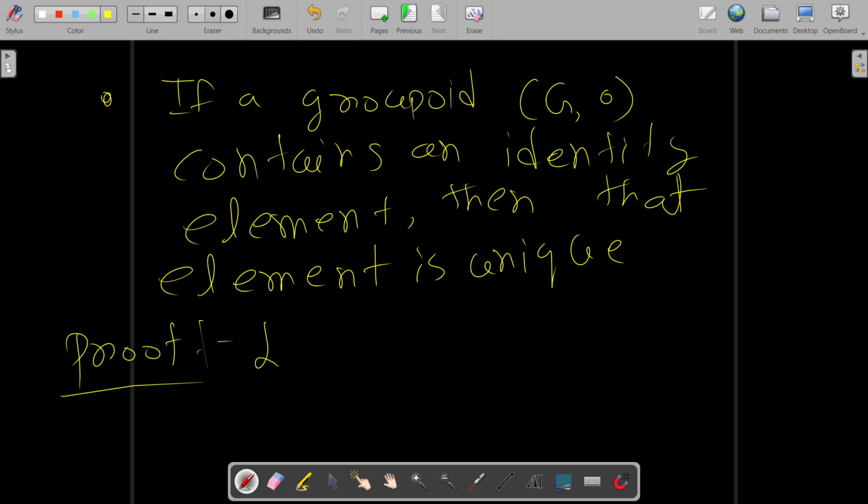For this proof, we'll assume that the identity element is not unique.